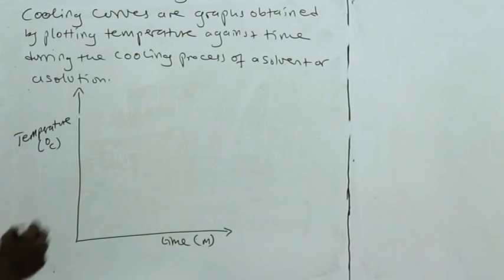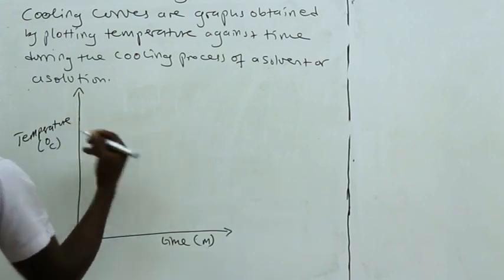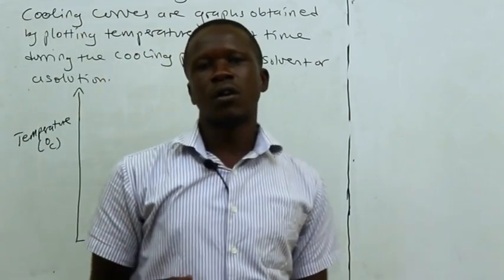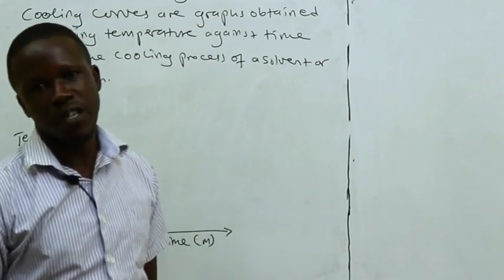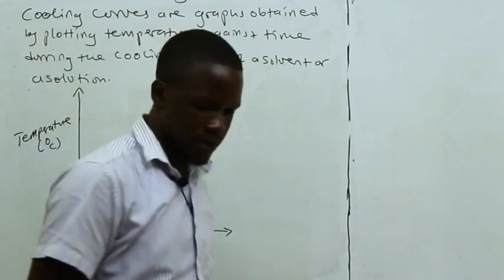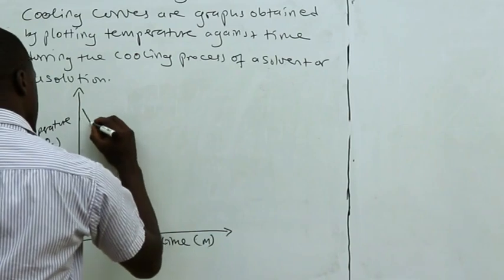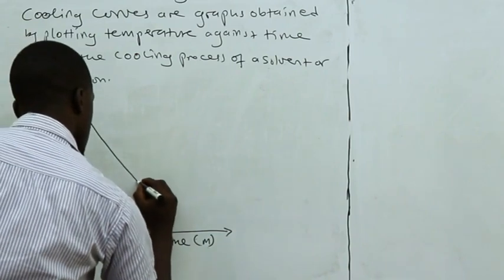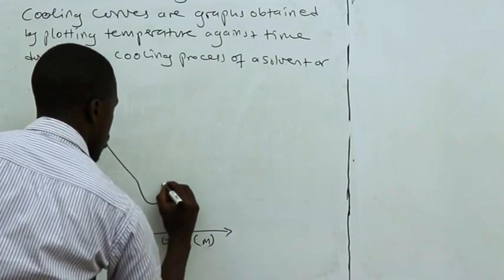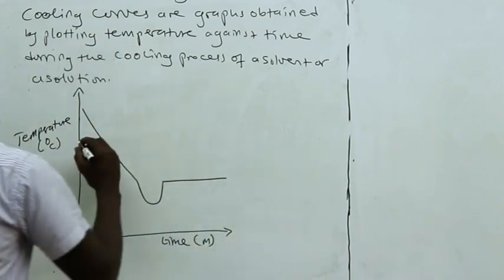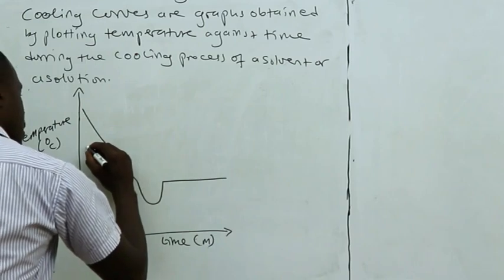And then you can plot a graph. Now, a typical graph of a solvent and solution would look like this. You could have a graph drawn of this nature. Okay, and then another one.